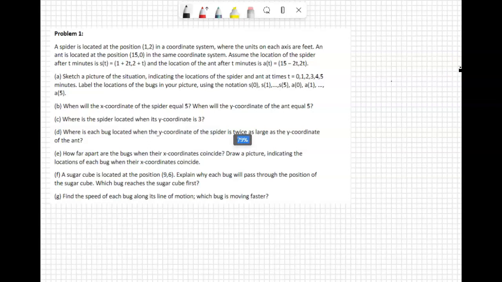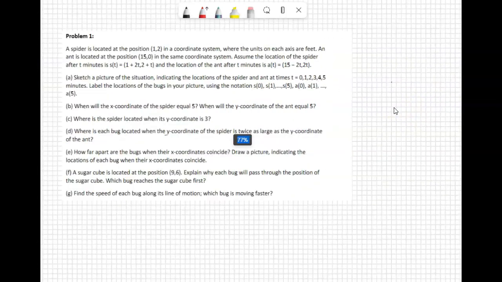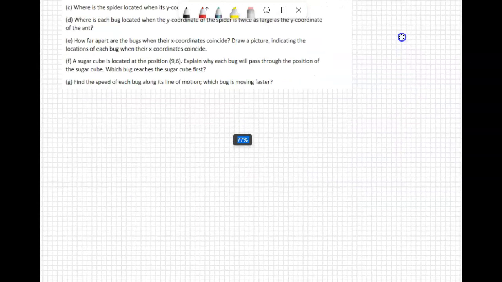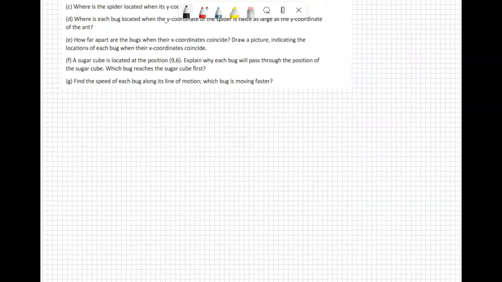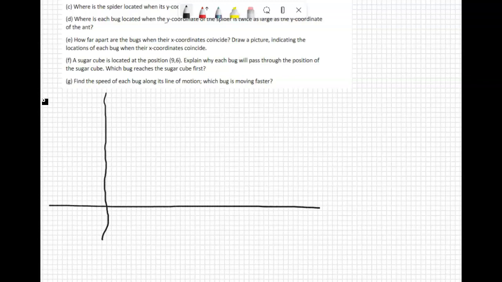Okay, so we need to make a coordinate system. Let me see if I can switch this up. Let's see if I can draw a straight line. I'll have to do my best here. This is the best I can do.